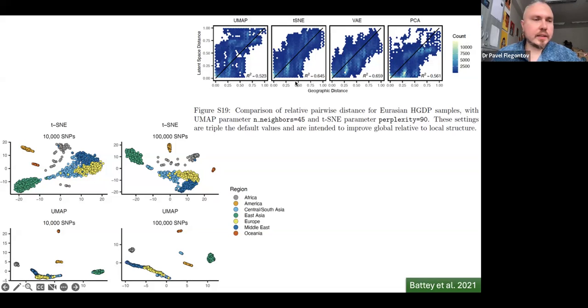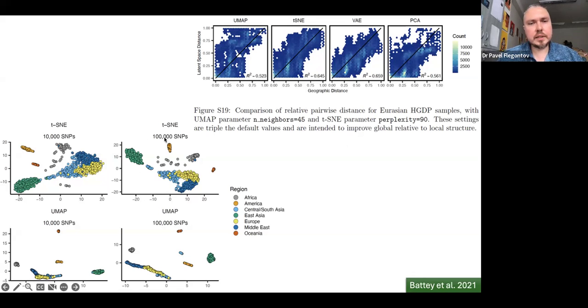under settings that are the best for revealing global structure, because it's widely known that t-SNE and UMAP are very good at revealing local structure, but pretty bad at revealing global structure. So here it looks like the R-squared is almost the same for t-SNE and this variational autoencoder, but it's actually just an artifact because the authors measured just distances on a sphere, ignoring oceans and other features of the landscape.